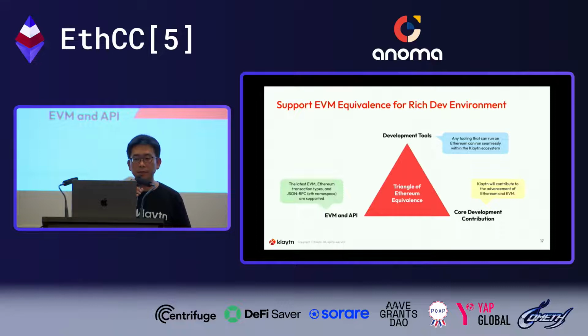So supporting this kind of environment is very key for new users or new developers to enter this industry. So we decided to support Ethereum compatibility again, and we made Klaytn 100% compatible with Ethereum.